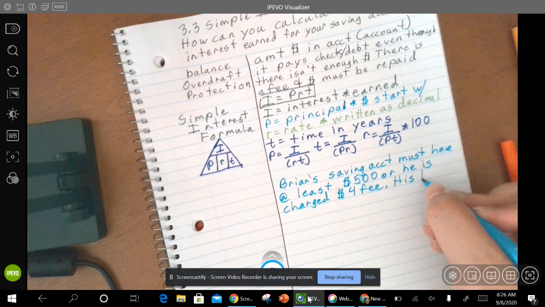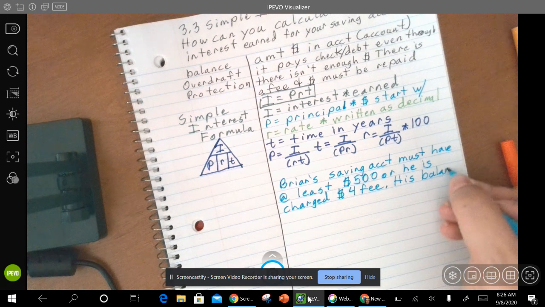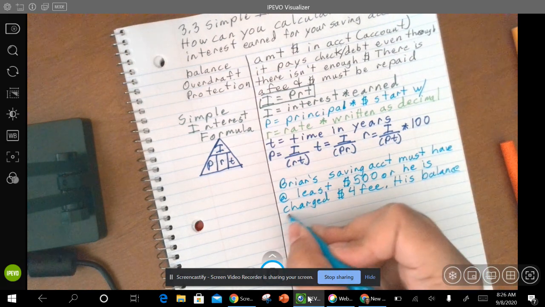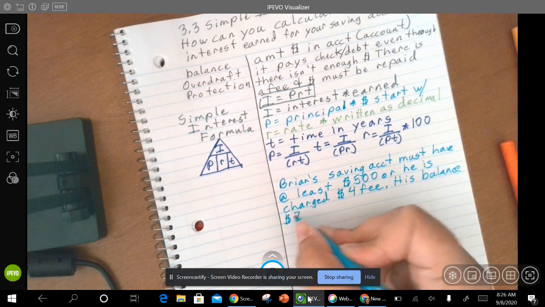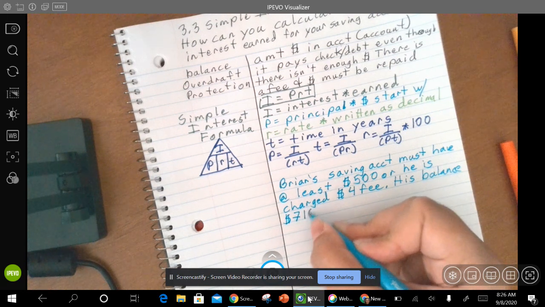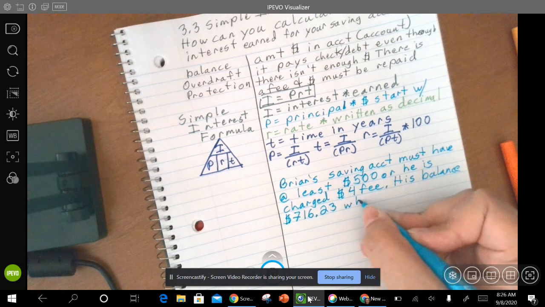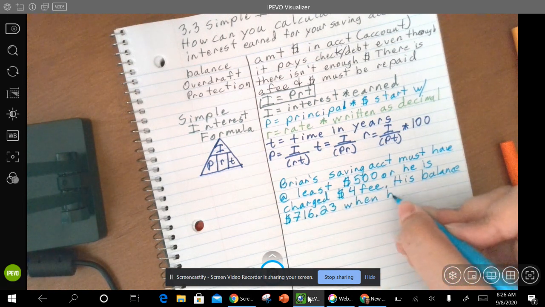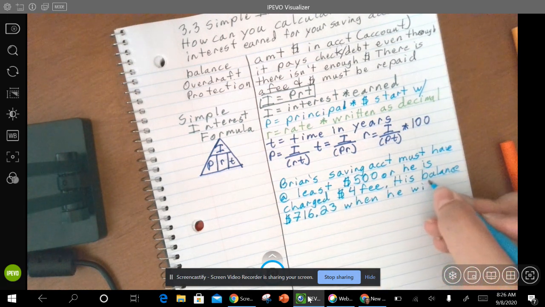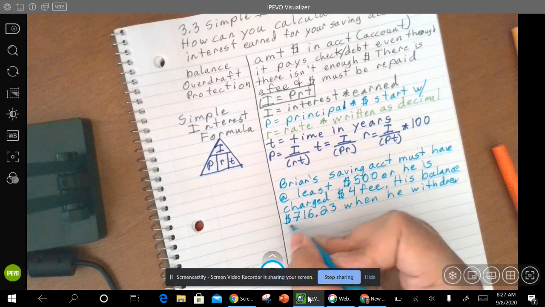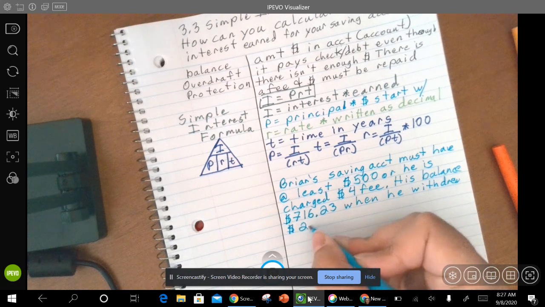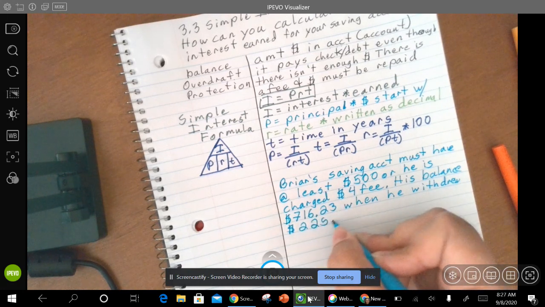His balance is $716.23 when he withdrew $225.